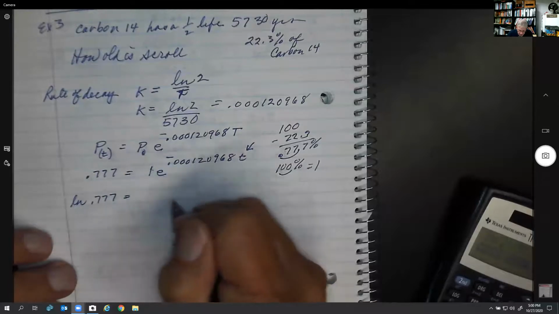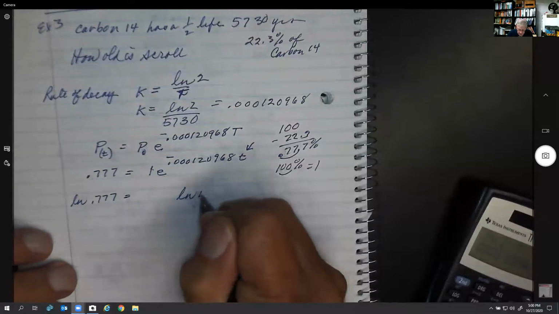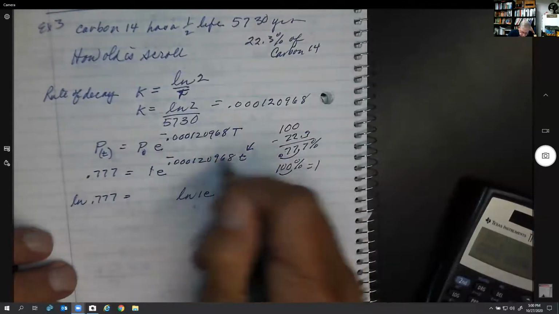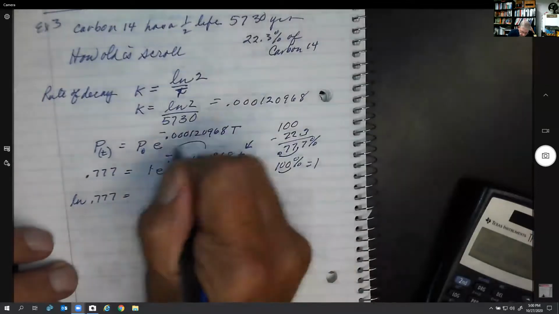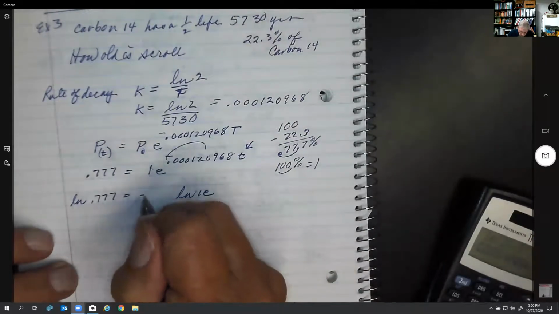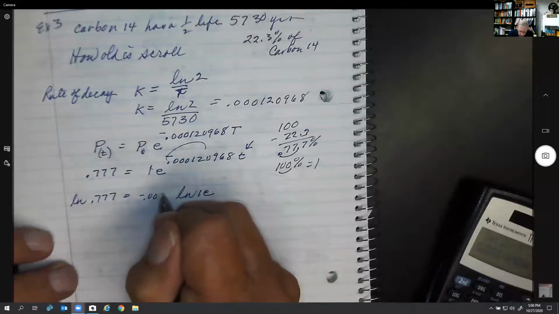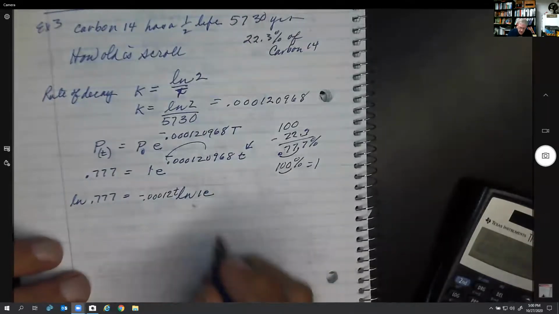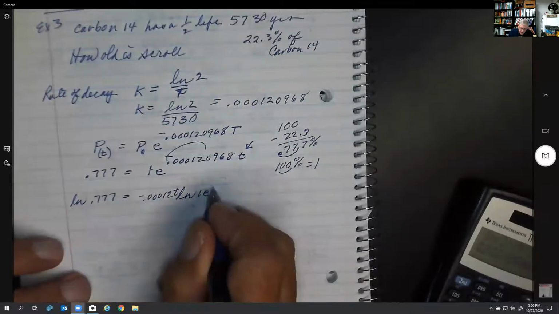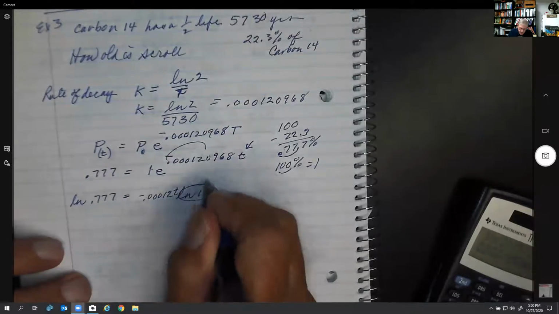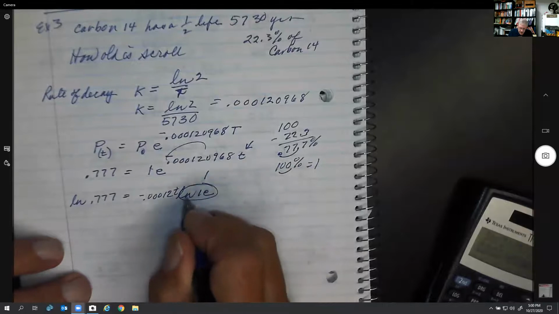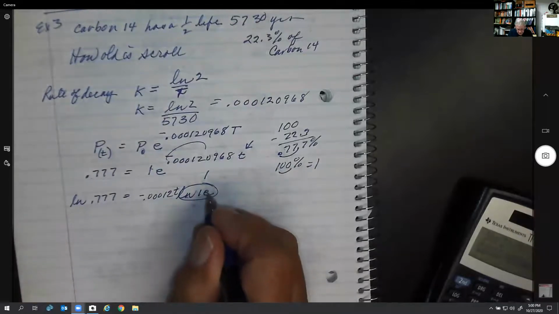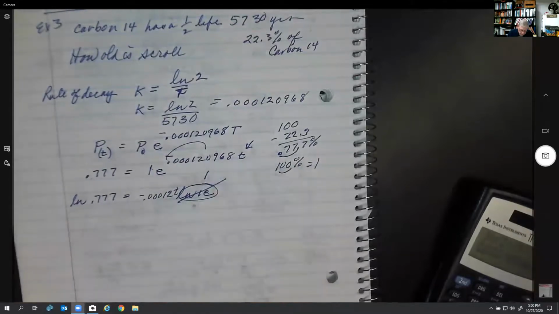I'll just go ahead and write it, the natural log of 1e. And then we can put this in front. I just write it as 0.00012t, just to make it a little bit easier. And this part right here will become simply a 1. The natural log of 1e is 1.